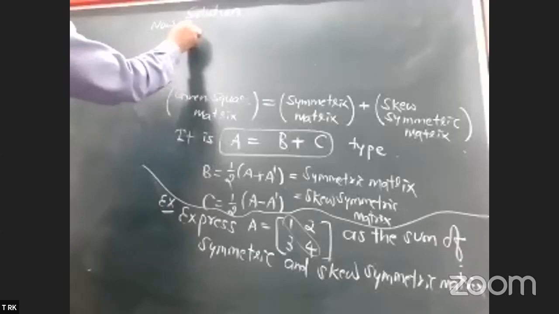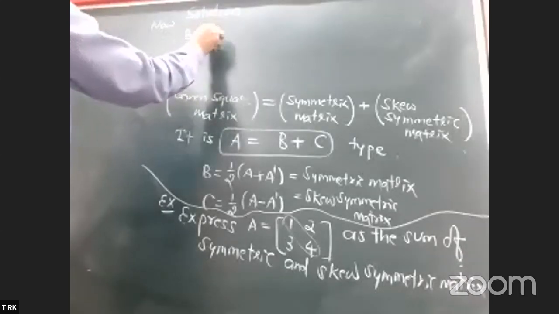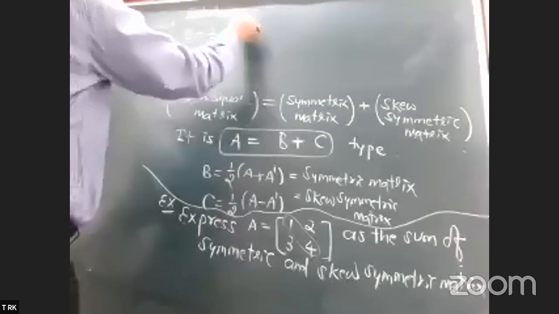Now, B is equal to 1 by 2 into A plus A dash.